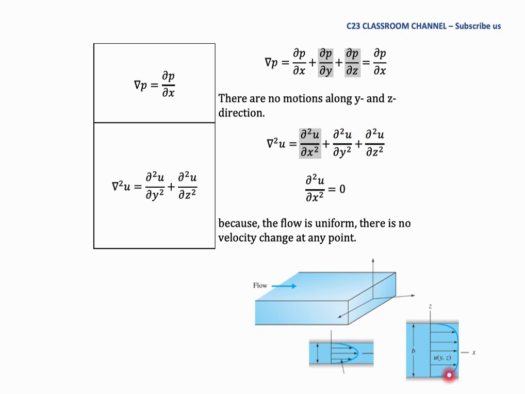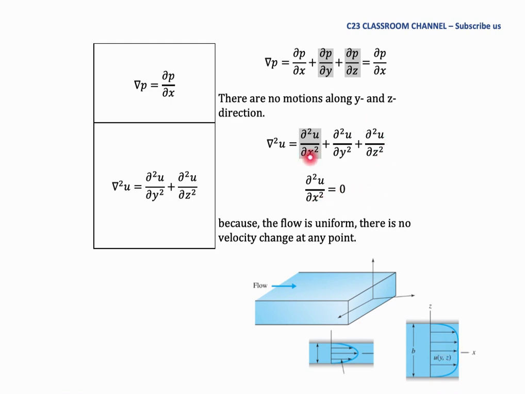Also, if we look at the top view, this is the z direction, and the velocity changes toward the z direction at the beginning here and also at the end here. So du dz is not equal to 0.